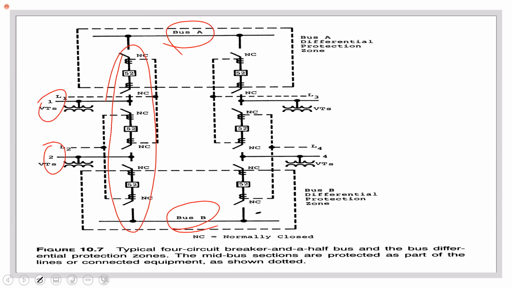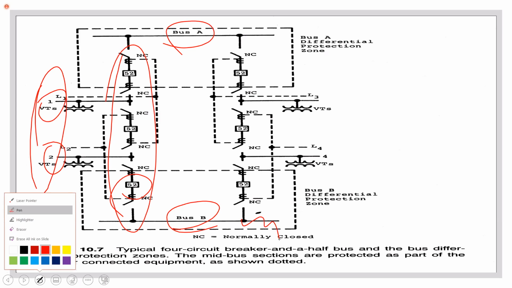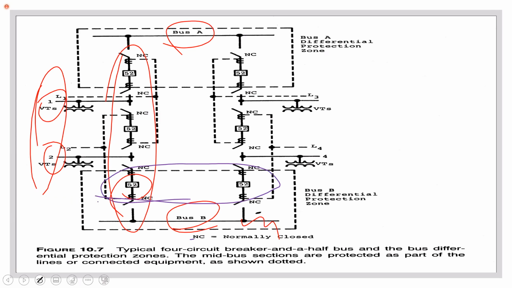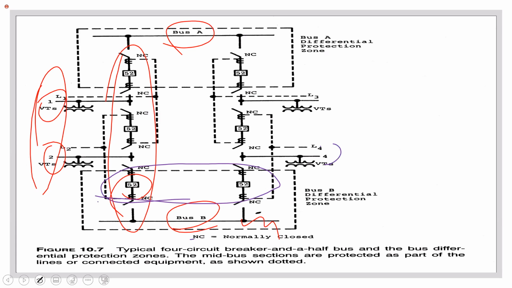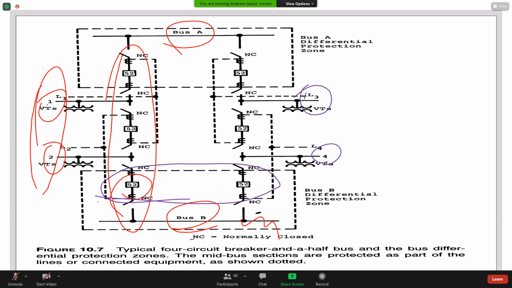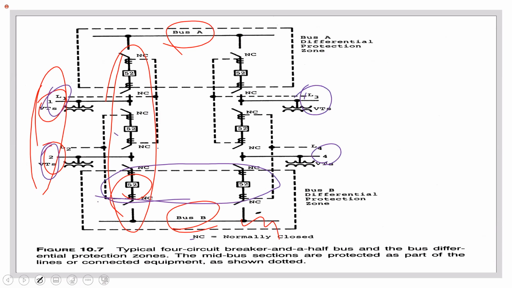If I have a fault on bus B, these 2 breakers will be out. So they'll separate that bus bar, but the 4 circuits would still be served by these 4.